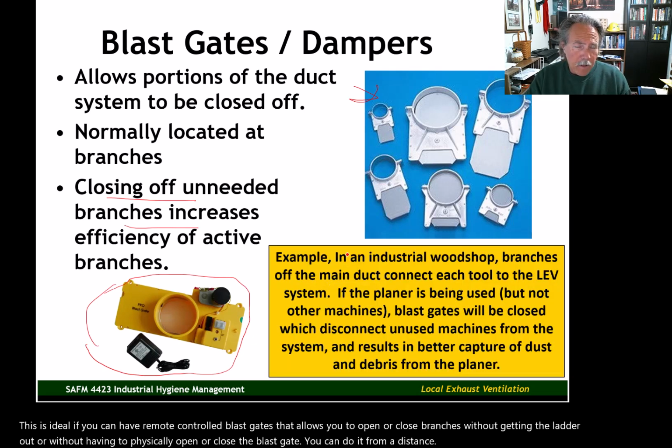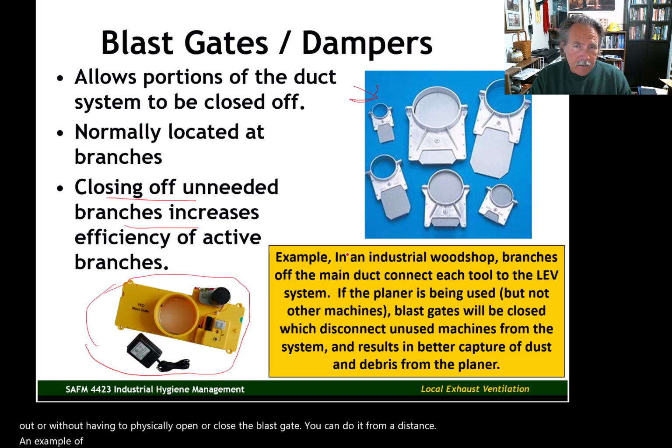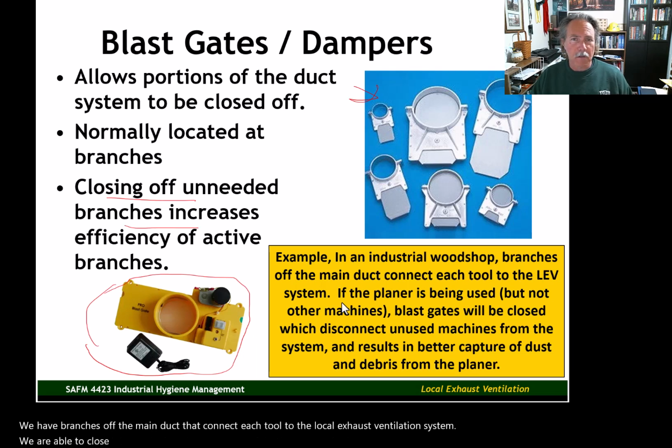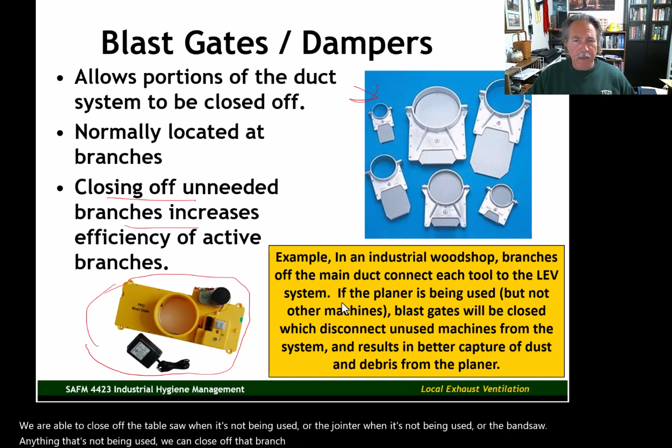An example of blast gate usage in an industrial wood shop. If we have branches off the main duct that connect each tool to the local exhaust ventilation system, we are able to close off the table saw when it's not being used, or the jointer, or the bandsaw. Anything that's not being used, we can close off that branch that goes to that tool.